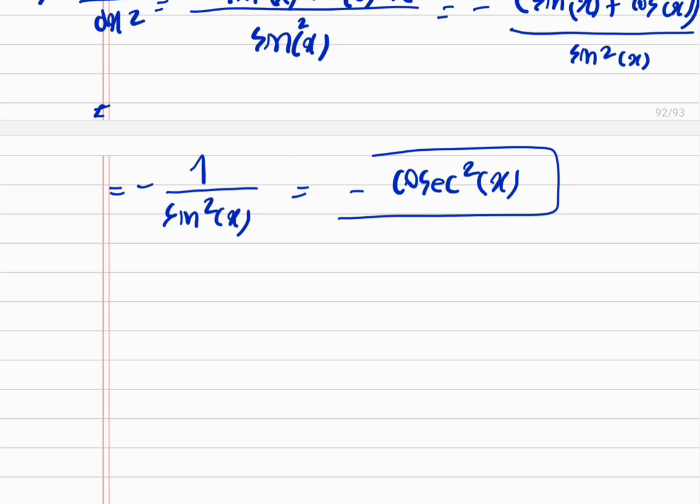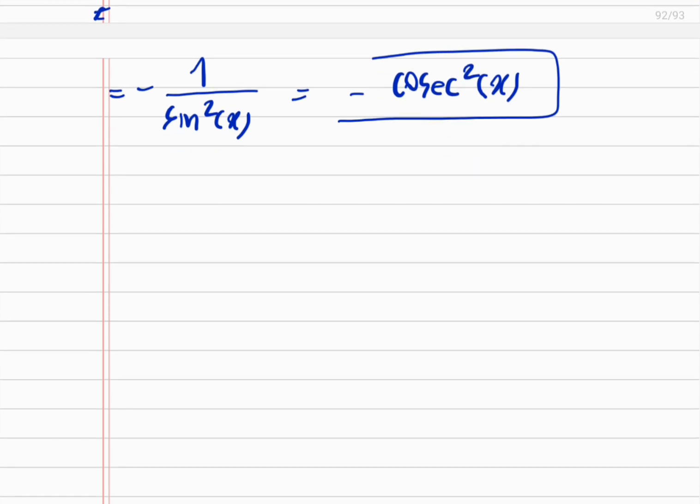We need to notice that 1 over sine squared x is obviously always positive, right? Because no matter what you get in the denominator, it's going to be squared, and then it's always going to be positive.